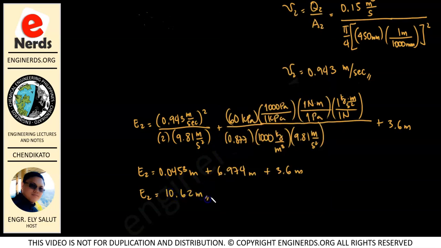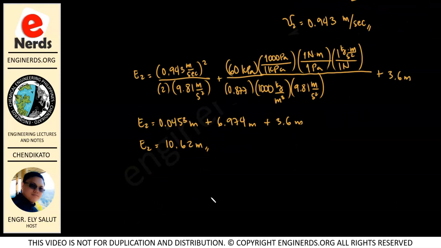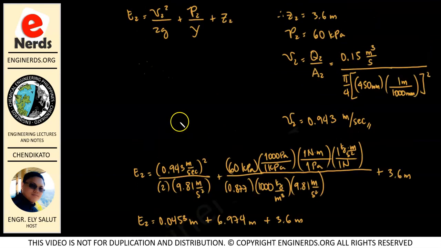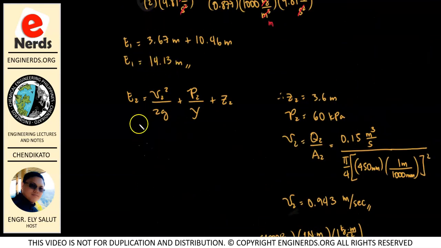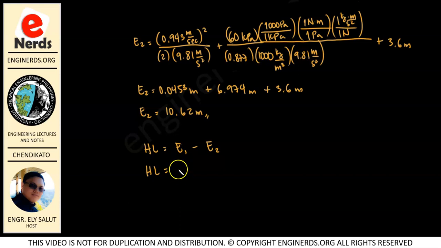Okay, so ano yung ating head loss? Sabi natin kanina, our head loss is equal to yung pumasok sa ating section 1 na energy, energy 1, minus yung energy na lumabas, so we have energy 2. So yung difference nila, yun ang ating head loss. So our head loss is equal to our E1, which is 14.13 meters, minus our E2, which is 10.62 meters.